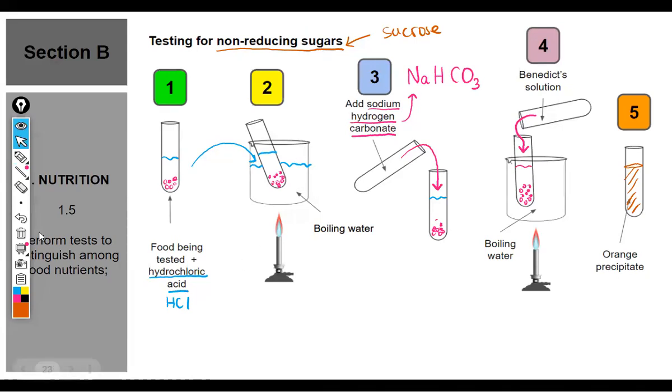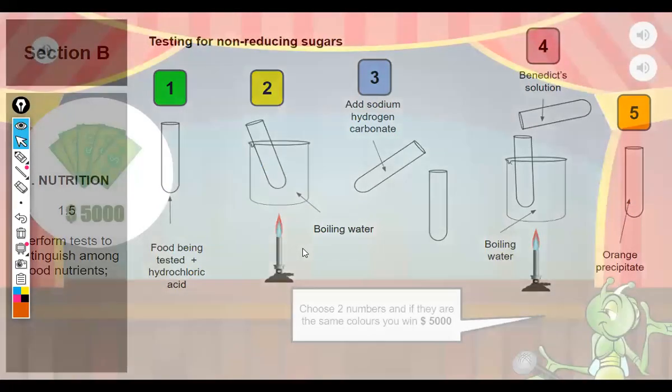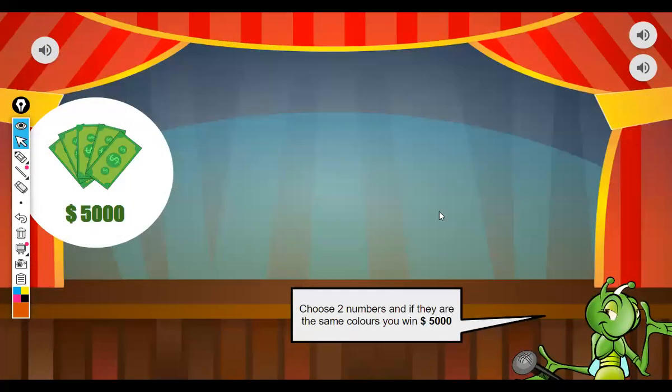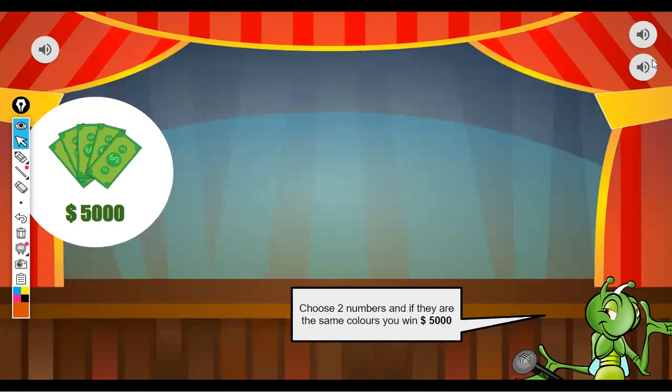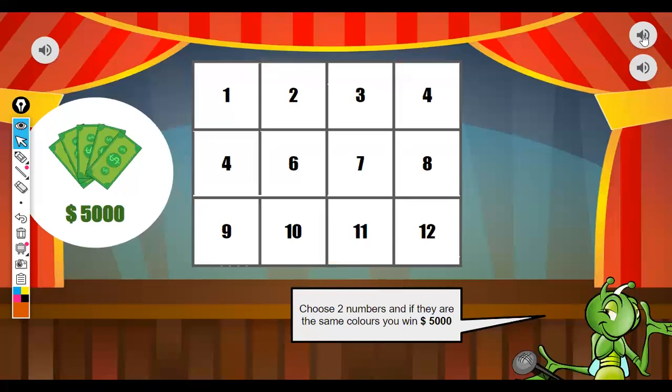All right, so let's see if you all get a little break after this. You had to expect one after that, right? So this one is pretty easy. This one is just simply choose two numbers, and let's hope they end up being the same color.